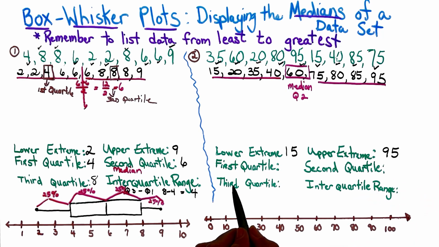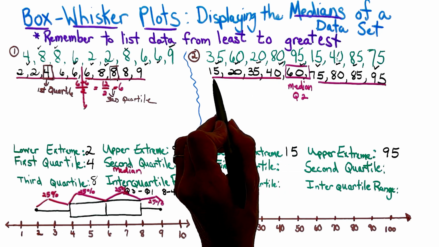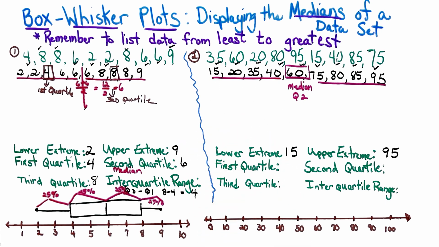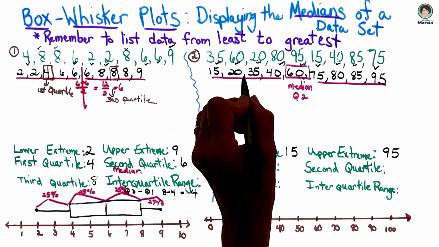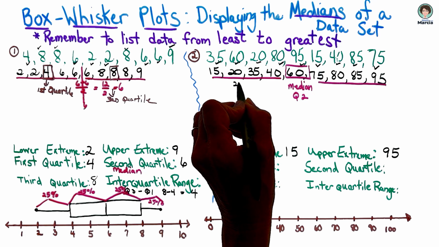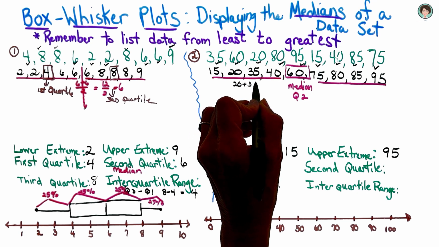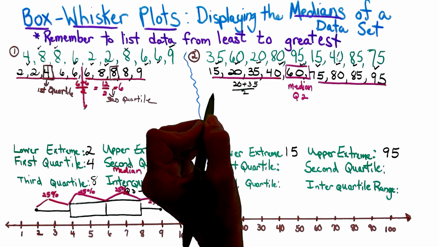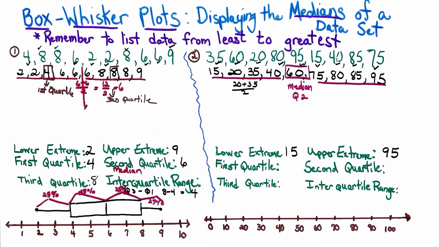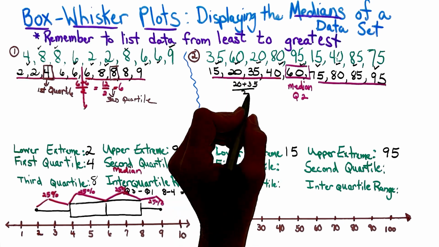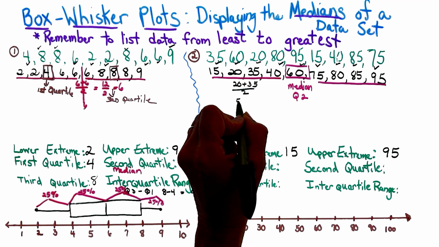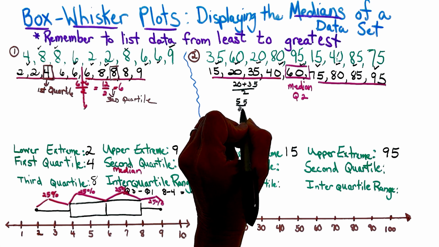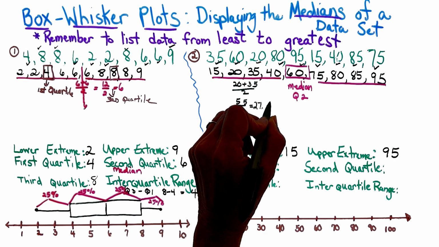The first quartile now, we want the median. And when we're looking at this, I see that I have an even number. So I'm going to have to add 20 plus 35 and divide it by 2. Well, we know our 20 plus our 35 divided by 2 is equal to, let me write that first, I didn't want to take up too much space, 55 over 2, which is 27.5.